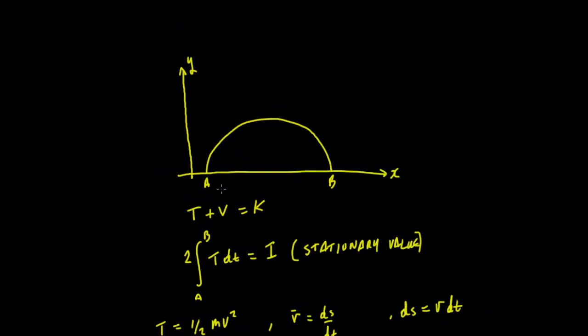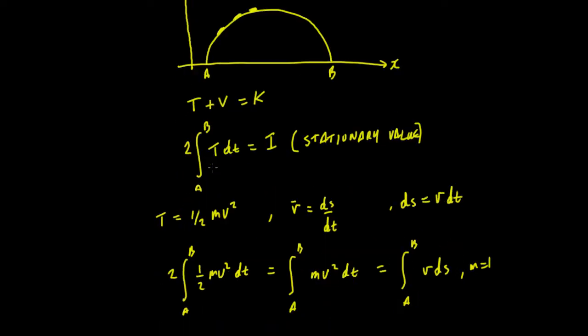Okay, so now the ds is going to be a small element on the path. So each of the small elements on the path, and the v is going to be the velocity which is in the direction of travel. Okay, so the velocity is going to be the tangential component.